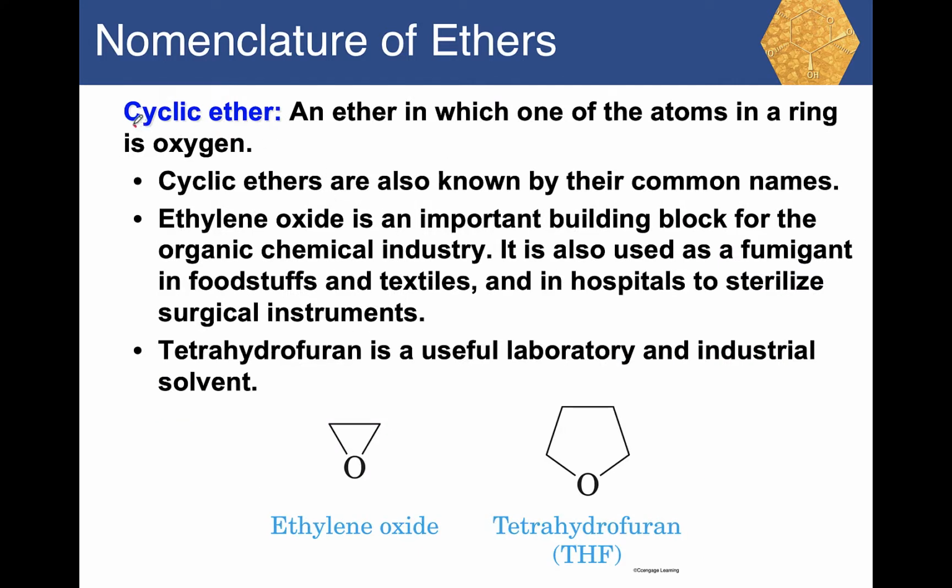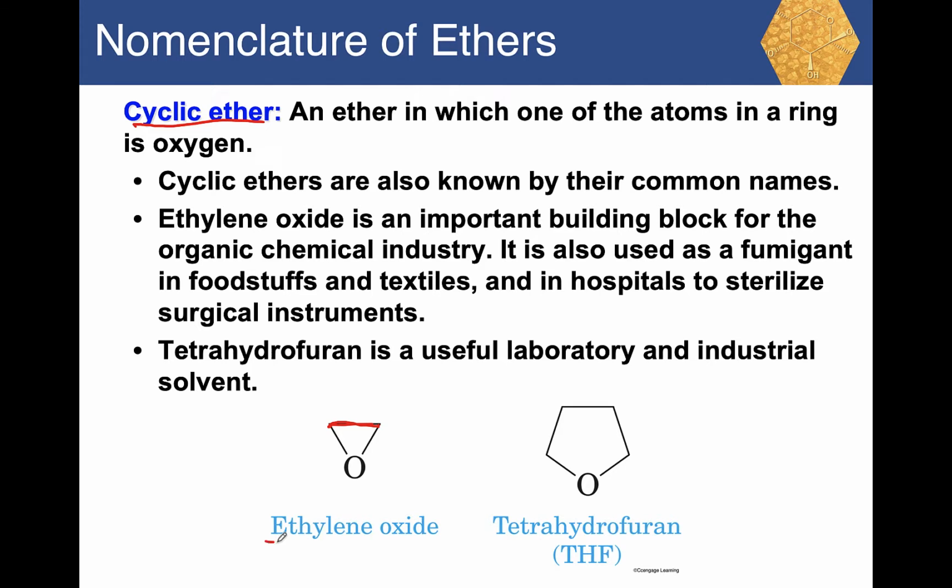Cyclic ethers. As you can imagine here, it's possible to have the oxygen as part of a ring. So here is the oxygen, here's the alkyl group, here's another alkyl group, but they are bonded together in a ring. The simplest, of course, is a 3-membered ring as shown here.